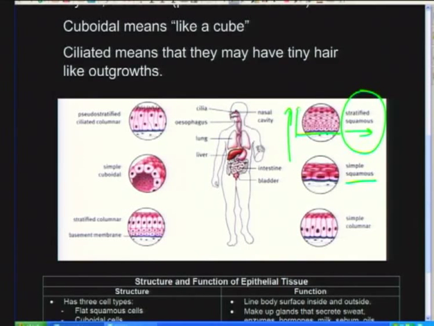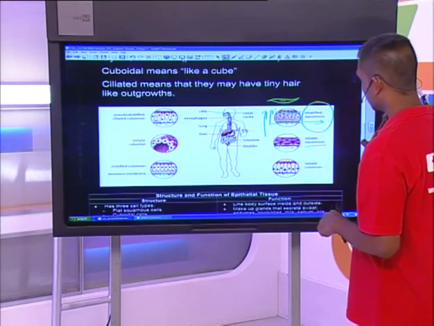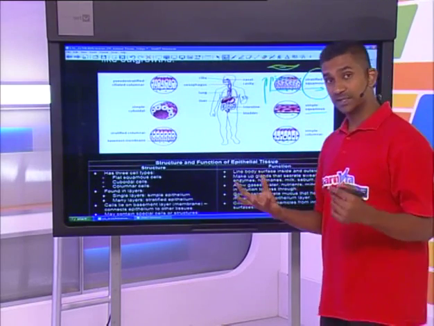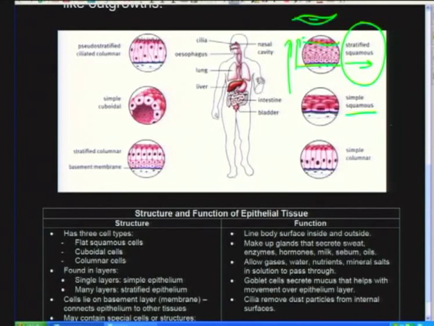As the new ones move up and become older, they become thin and flattened, which is a characteristic of squamous epithelium, in this case stratified. Sometimes simple epithelium can become columnar, or column-shaped, so these cells are longer than they are broad. We call that columnar epithelium.